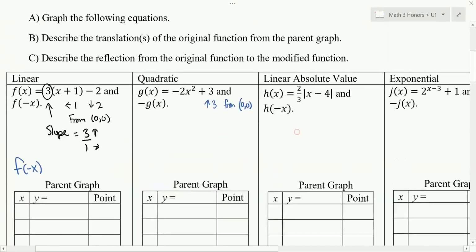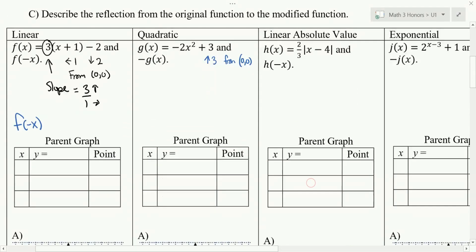So here I'll use this. If x is 1, I'm going to get negative 2 times 1 squared plus 3, and I follow order of operations. I square that 1, I get 1, times negative 2 gives me negative 2. Add 3, I end up with 1.